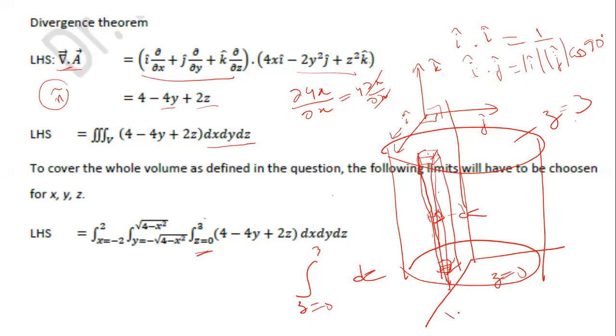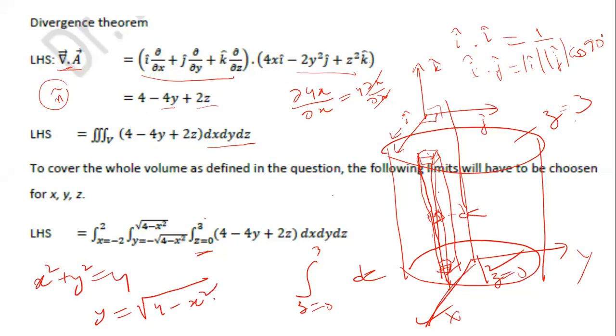And now you have to perform integration along x and y. You know that the radius of this circle is 2. So the equation of the circle is x squared plus y squared is equal to 4. So y is equal to the square root of 4 minus x squared. When you take a square root, it can be plus or minus. So you can use the equation of the circle to consider the limits for y.